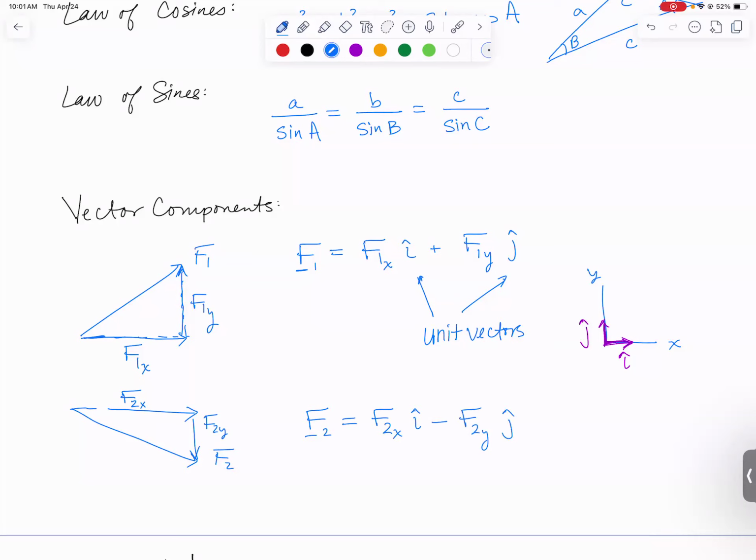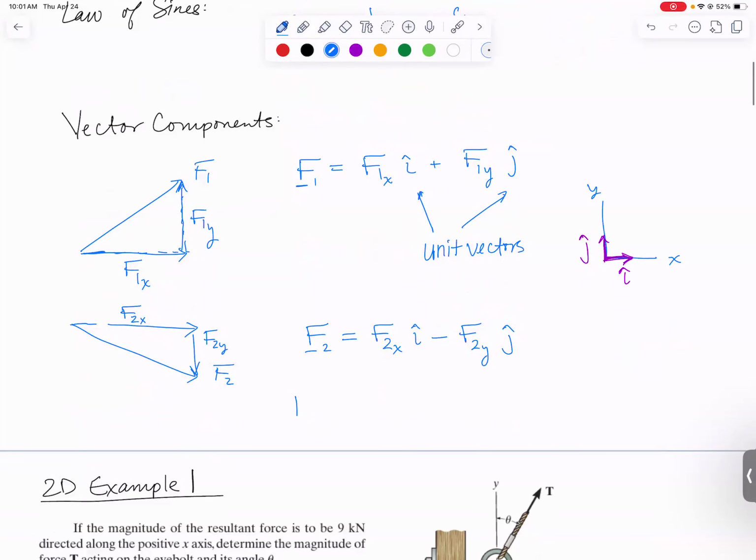I would make sure there is a negative sign there indicating it's going down and not up. Then to get the resultant force, I would simply add them up. So you'd end up with f1x plus f2x in the i direction plus f1y minus f2y in the j direction. And now I have my resultant force without needing to remember law of sines or law of cosines.